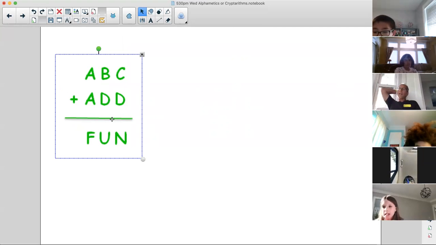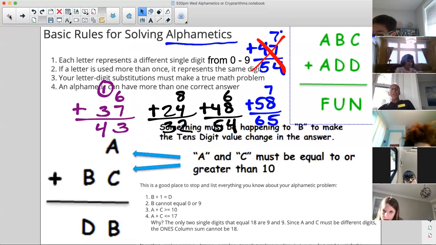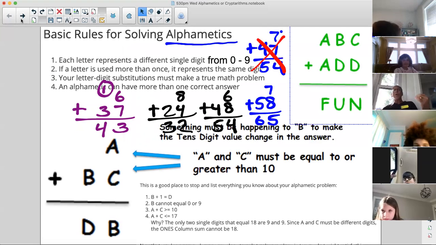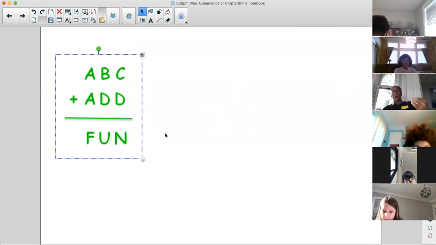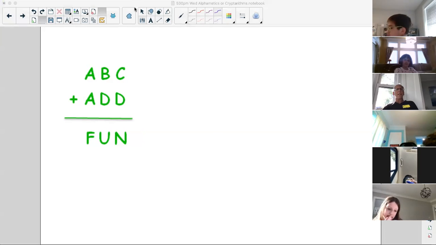Remember how Claire told us in the last one that A can't be 9, and Hannah told us the sum of A and C had to be greater than 10. Those are the kinds of things I'm looking for. What digits can D definitely not be? There's one that's kind of obvious, and there's one that takes a little more work.